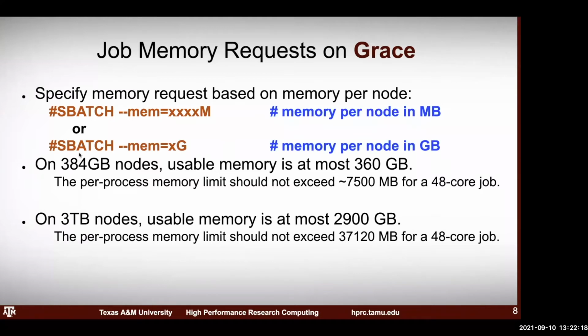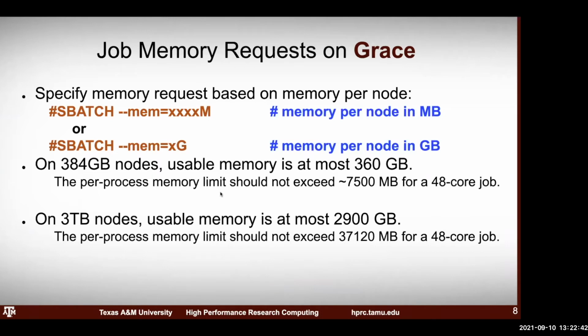So on those compute nodes with 384 gigabytes of actual memory, the usable memory, the free memory that you can tell SLURM to request for your job, is going to be 360 gigabytes per node. And if you want to break that down to a per process memory limit, that would be about 7,500 megabytes per core for a 48 core job.